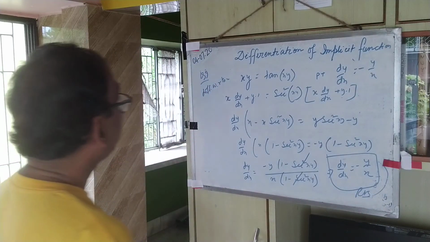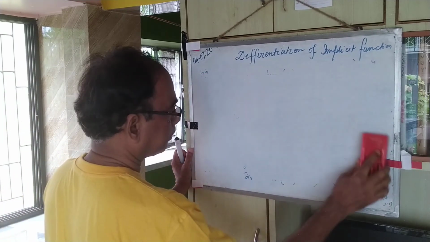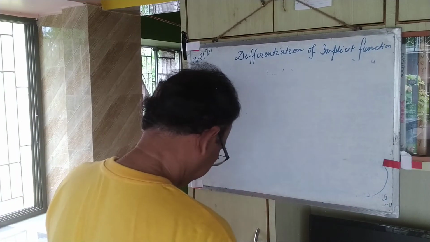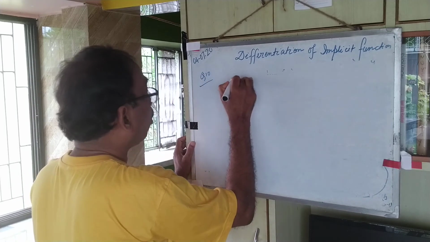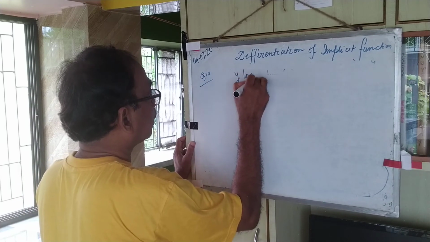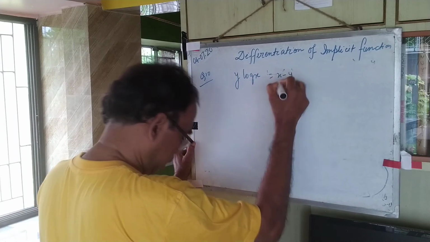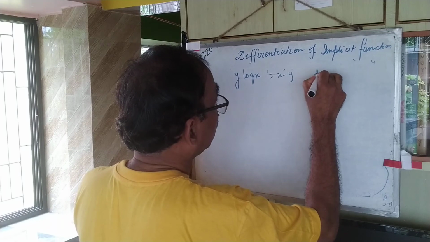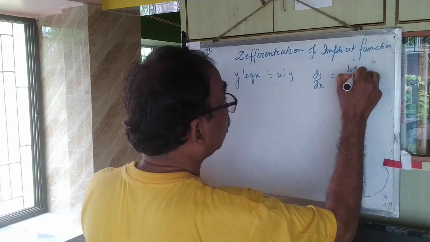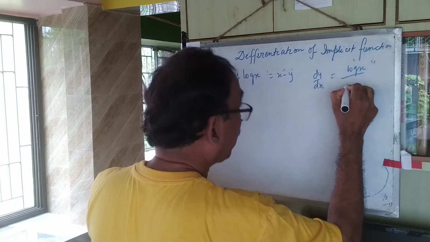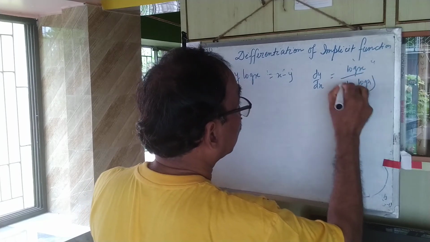Next, sum number 10. This is a very good sum also. Y log x equals x minus y. You have to prove dy by dx equals log x by 1 plus log x whole square.